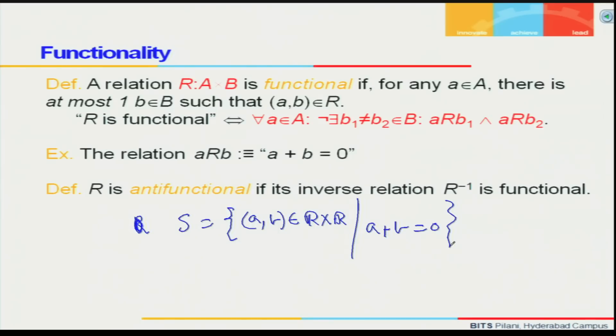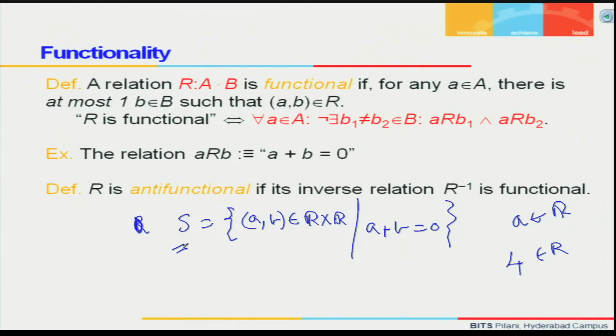This is definitely a relation, there is no doubt about it. Now what I am saying is, given any A in R, for that matter take A to be 4, how many B's, that means 4 is going to be paired up with how many real numbers, and it is going to be there in this relation.